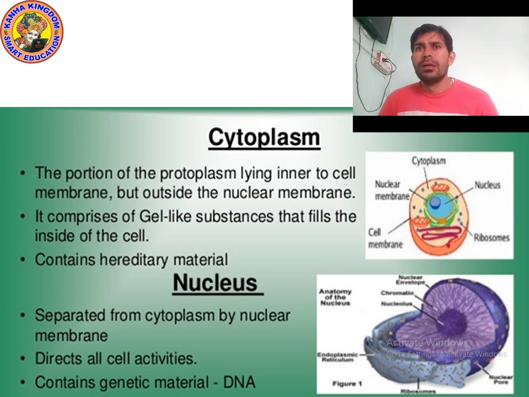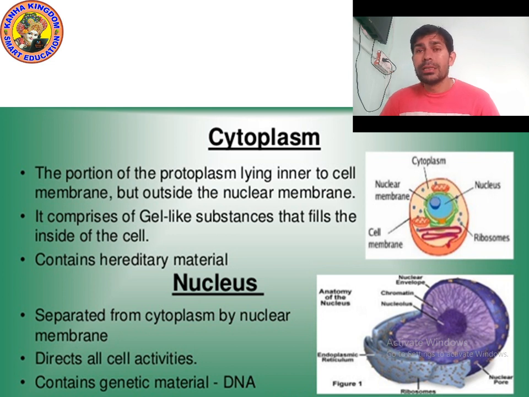So I hope you understood what is cytoplasm. Cytoplasm is present between the cell membrane and nucleus. It is a jelly-like substance which acts as a medium for the organelles. All the organelles are present in the cytoplasm. It contains hereditary material, which is present in the nucleus.